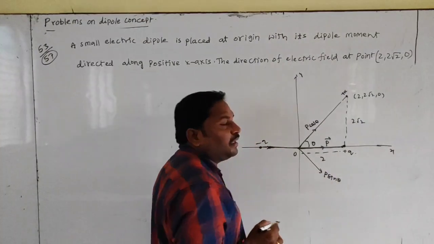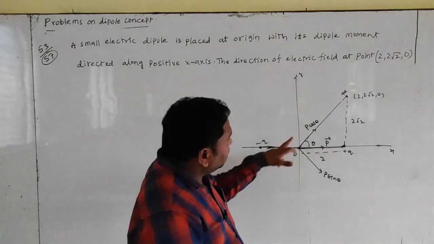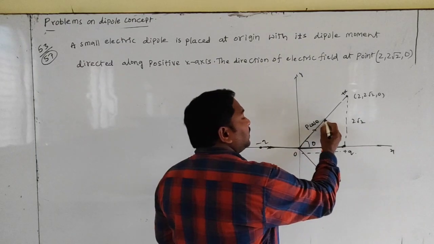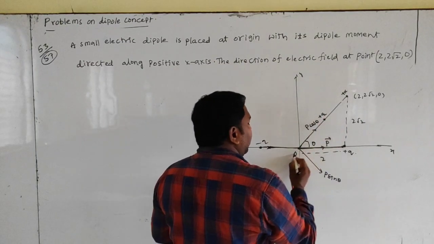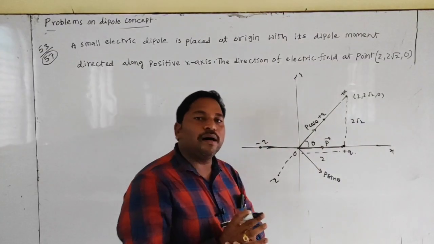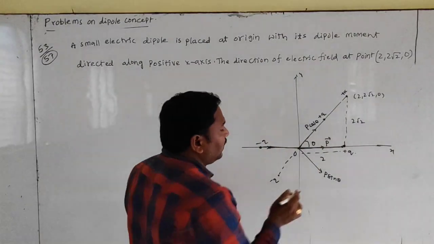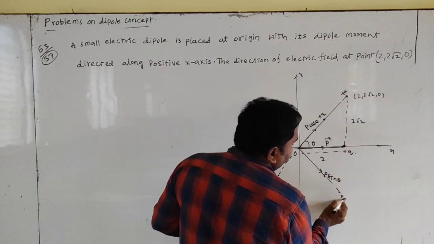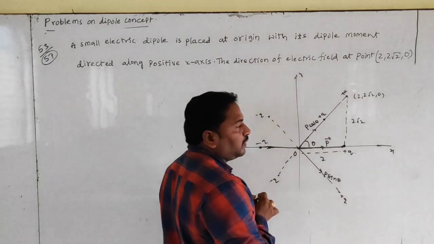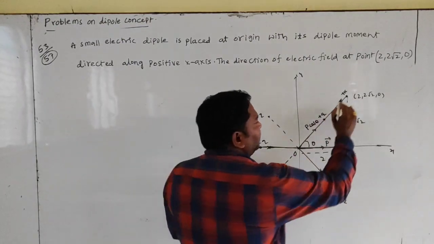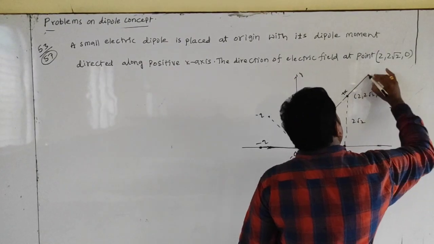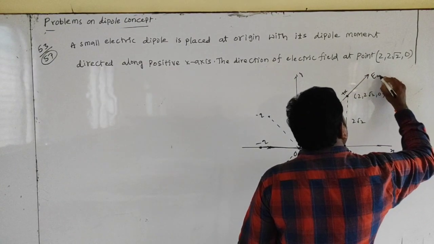Already in the concept we discussed that if there is a dipole moment in this direction, we have to imagine a plus q and a minus q charge. This is called a pseudo dipole. Here also there is a plus q charge and a minus q charge. This is also a pseudo dipole. For this dipole, this point acts as an axial point, meaning the intensity of electric field in this direction is E axial.